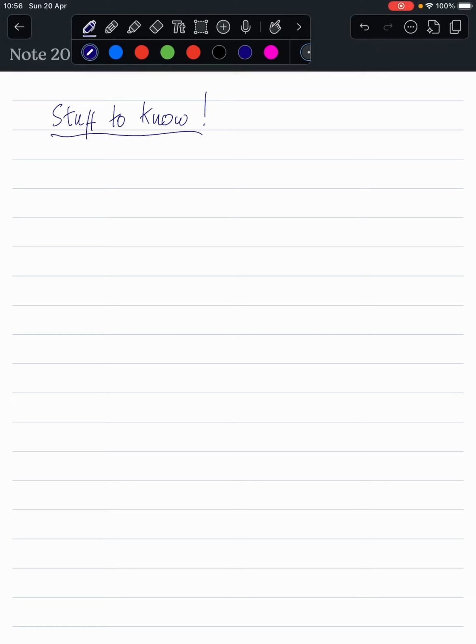Okay, here we're going to do a little introduction on stuff that's very useful to know. First of all, we're going to look at sign and magnitude. This is a way to store negative numbers and positive numbers in a fixed number of bits.